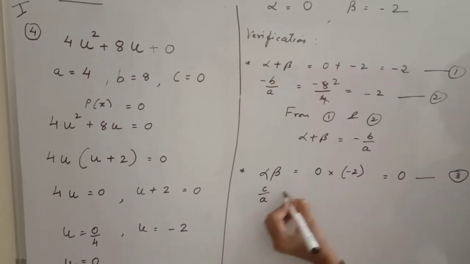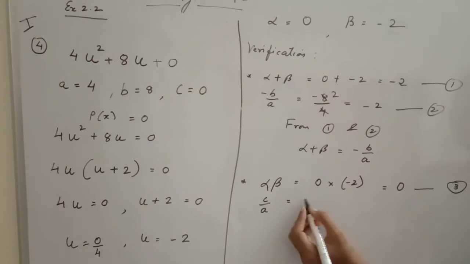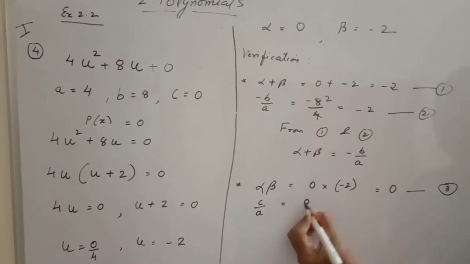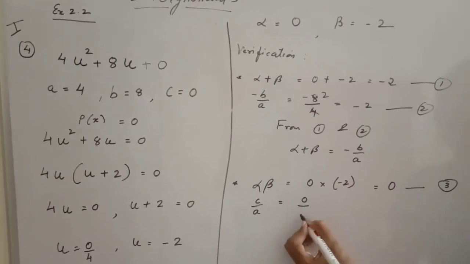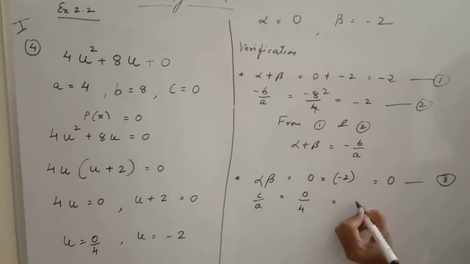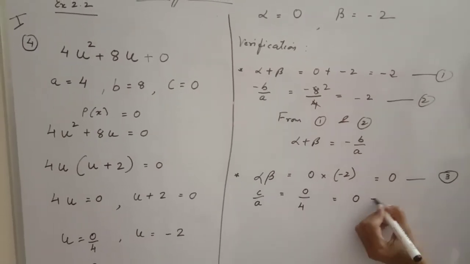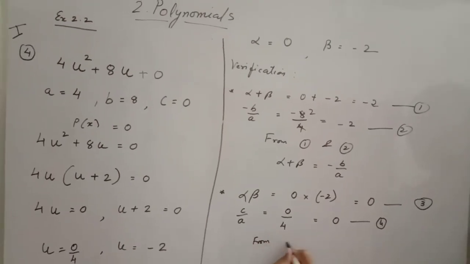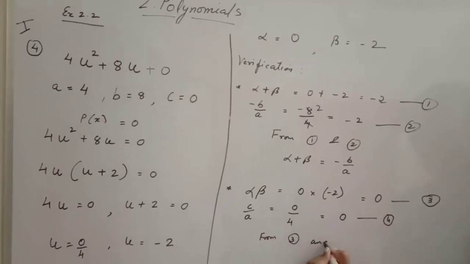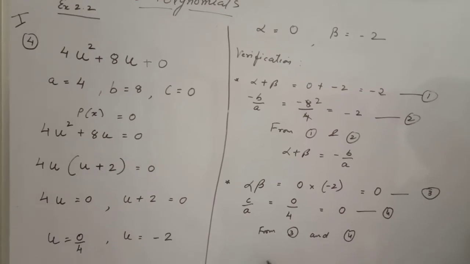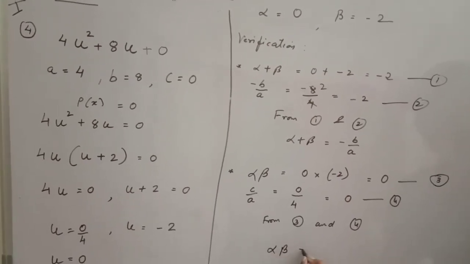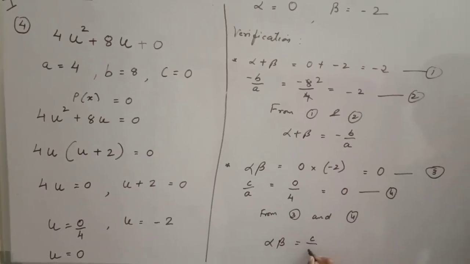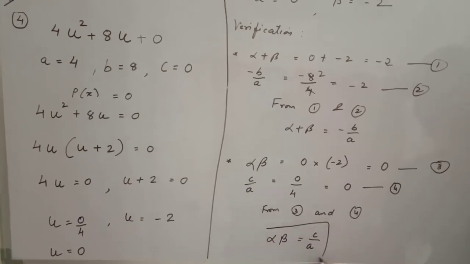Now I will find C by A. So what is C? 0. What is A? 4. 0 divided by 4 is 0. This is my fourth. So from third and fourth, I get alpha into beta is equal to C by A.